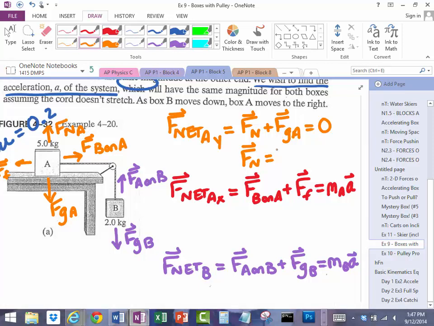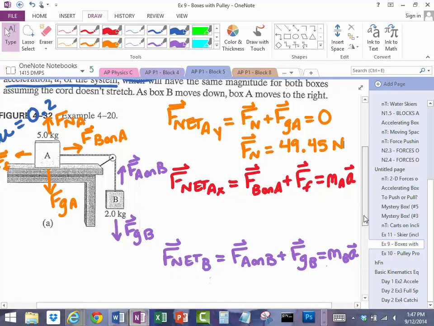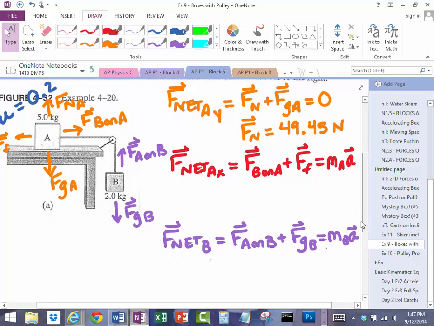Are we doing 9.5? Okay. And then you can do the same thing on box B, right?